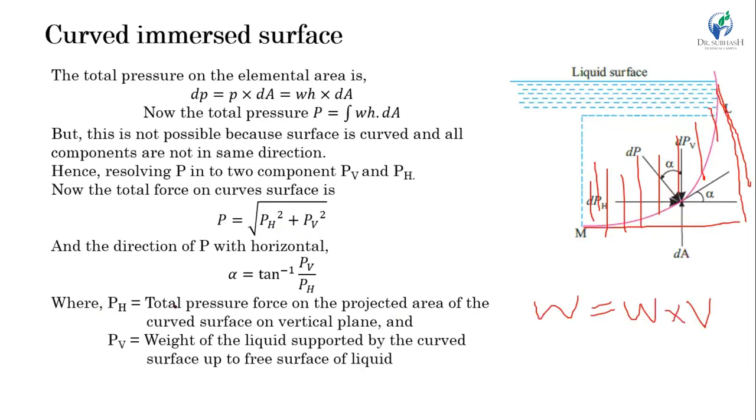So to calculate the vertical force, you have to consider the total volume, which is the volume covered from the bottom to the free surface of the liquid. First calculate this volume times rho g, the specific weight, and this way you can calculate the vertical component of force acting on the curved surface, and then the total pressure force. And alpha is the inclination of the force, which is tan inverse of Pv by Ph.